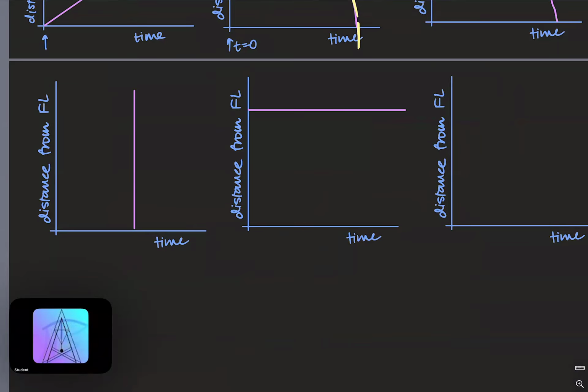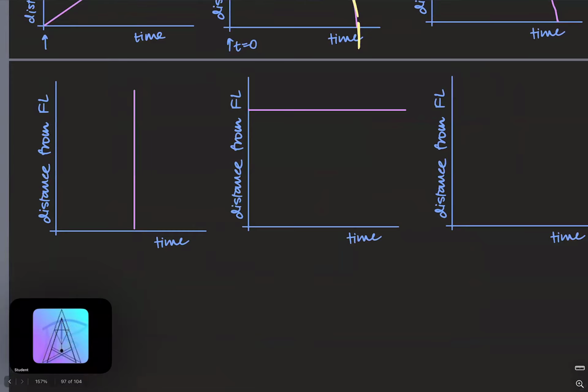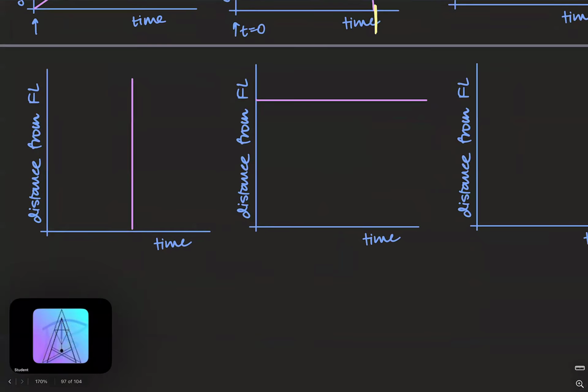Okay, let's start out with again the top and then the bottom, right? So what is going on right here at this point? Ignore the rest. Distance from the finish line.